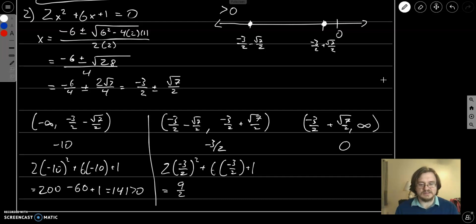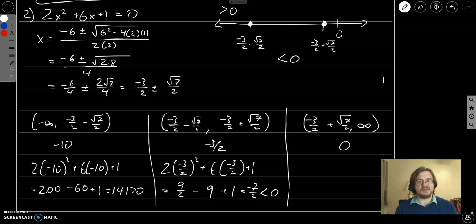If I multiply this, the 2 and part of the 6 will cancel, so this will be minus 9 and plus 1. So if I think about this, 9 is the same thing as 18 halves. So 9 halves minus 18 halves is negative 9 halves. Plus another 2 halves is going to be negative 7 halves. Again, this is something that you can go through and check those details a little bit slower. This is going to be less than 0 in between here.